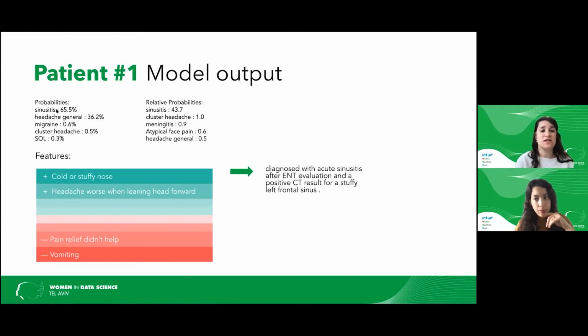So sinusitis, for example, is the first recommendation, then general headache, and we can use the concepts to get the reasons that led the model to give us this diagnosis.